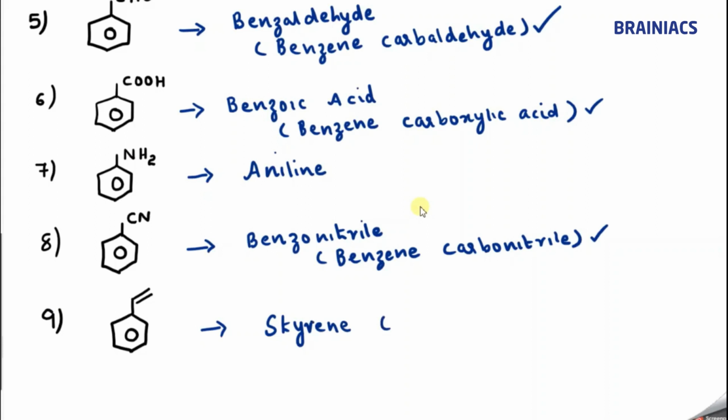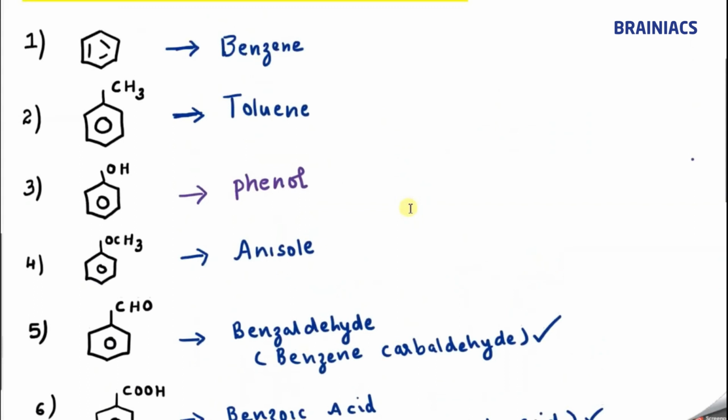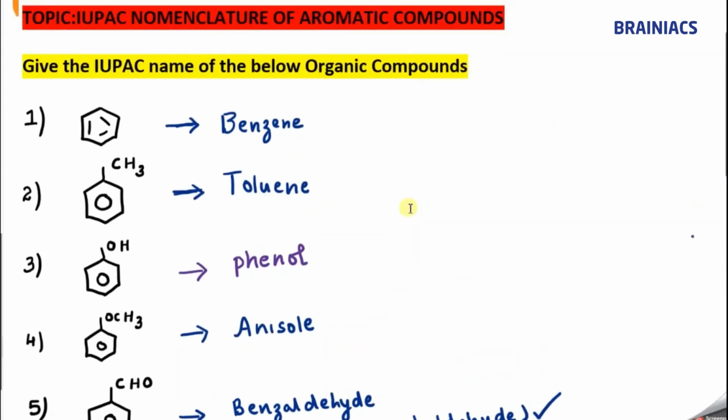Sometimes they say ethynyl benzene, derived from ethene. So I hope you got a fair idea regarding the compounds whose common names are accepted as IUPAC names. Okay, now we will try to see more examples, then we will go to the next concept.